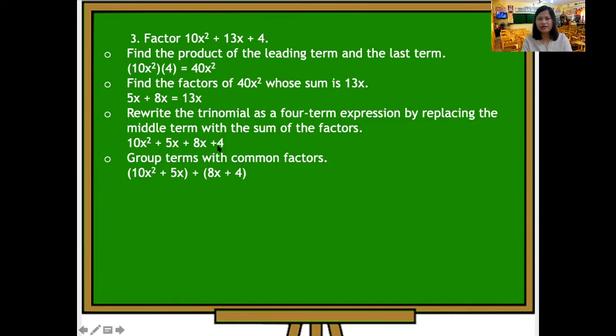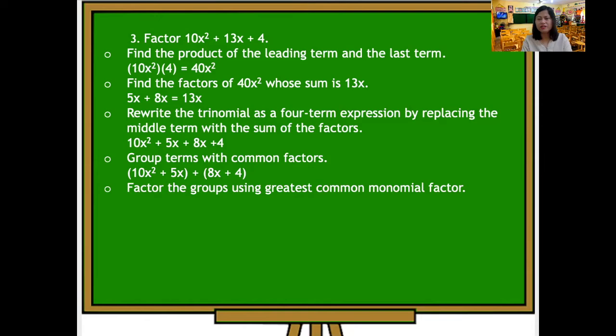Third and last terms group as 1. We factor the groups using greatest common monomial factor. For the first group, the greatest common monomial factor is 5x. And the second group, the greatest common monomial factor is 4.